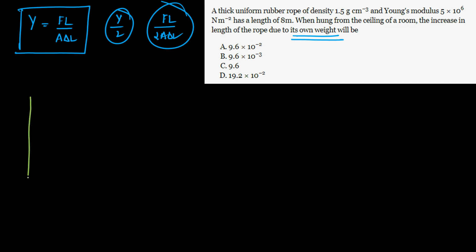So there is a thick uniform rope like this, and this is going to be its area. And area, is it given to you? No, it is not given, right? So how do we find out if the area is not given?